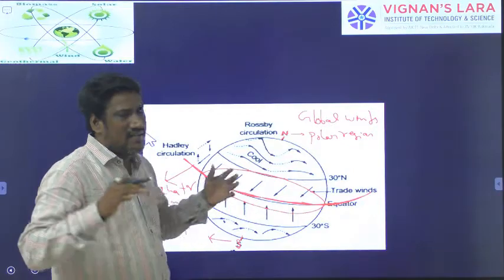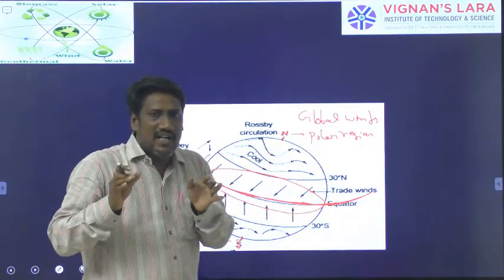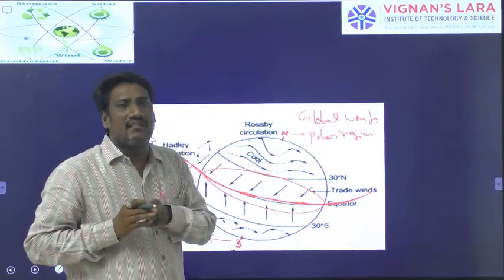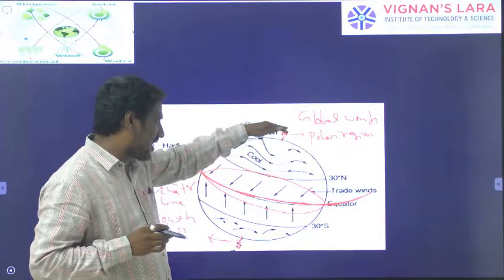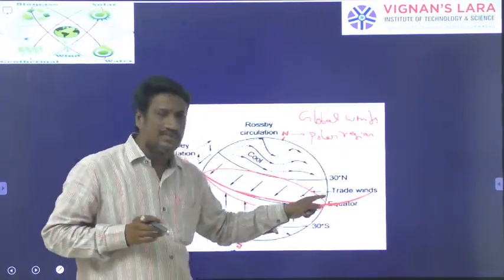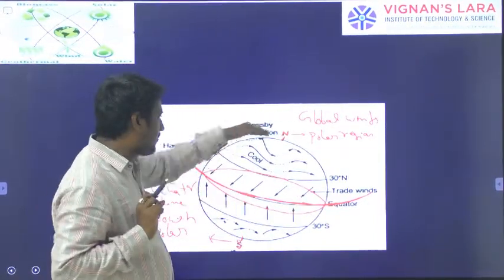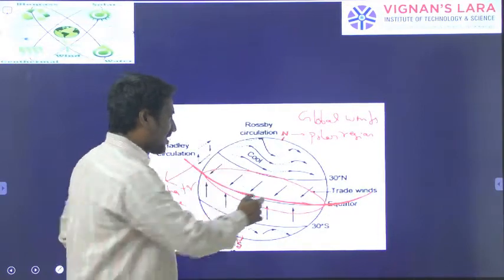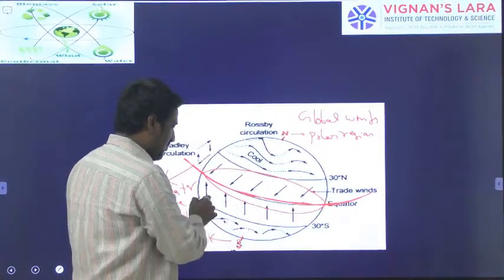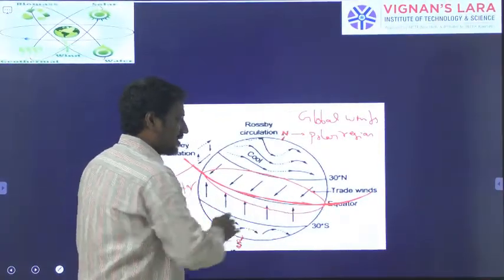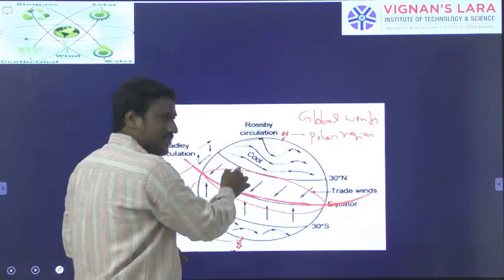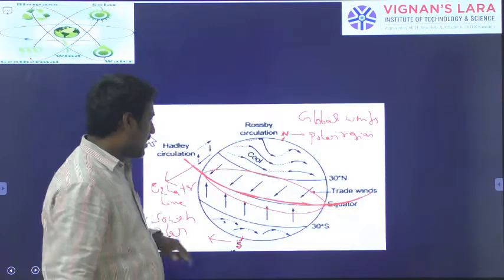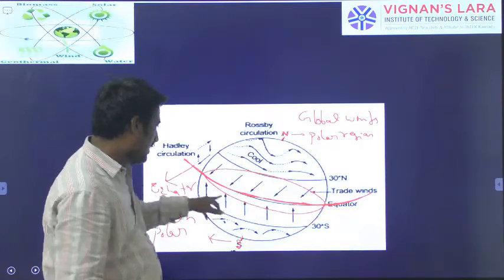So already you know that from low temperature area to high temperature area, wind will blow. The north pole and south pole temperatures are less when compared with the equator line. Always the wind blows from polar regions towards the equator line. So from the south, wind blows towards the equator line, and from the north region also wind blows towards the equator line.